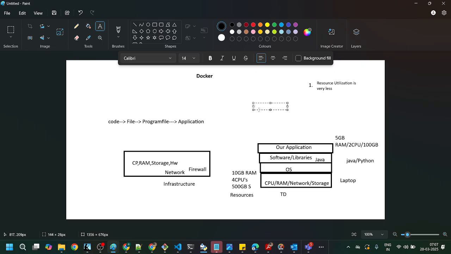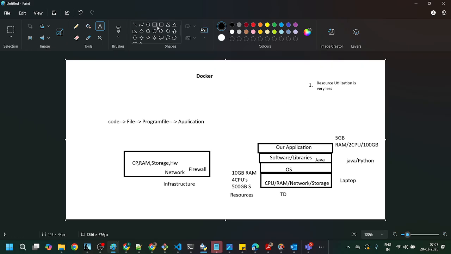We would have one more instance and deploy another application there. This is a completely different instance, so it is isolated. This application is strictly on that instance, and this application is strictly on this particular instance. So we used to isolate our applications.